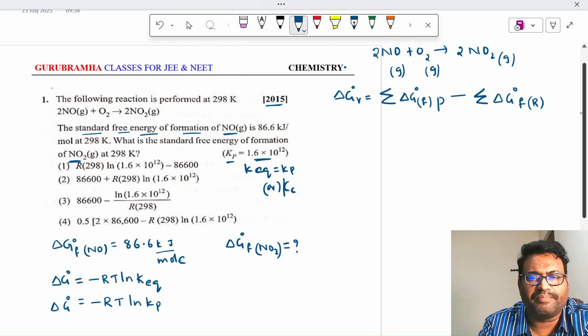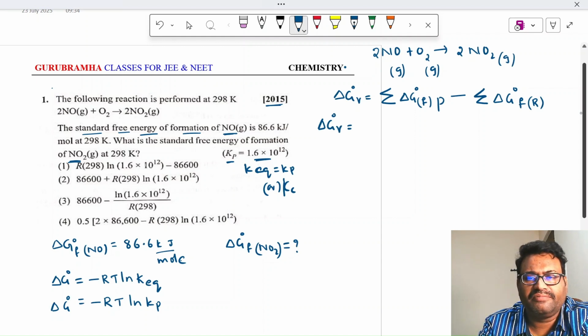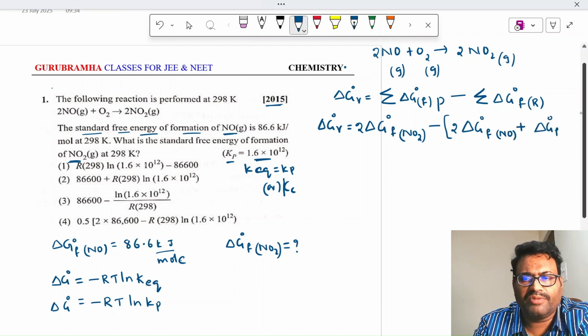That is the symbol sum, right? So you can write delta G naught of the reaction is equal to products. What is product here? 2 moles are there, so 2 into delta G naught of formation of NO2 minus, there are 2 reactants, so 2 into delta G naught of formation of NO plus delta G naught of formation of O2, right?